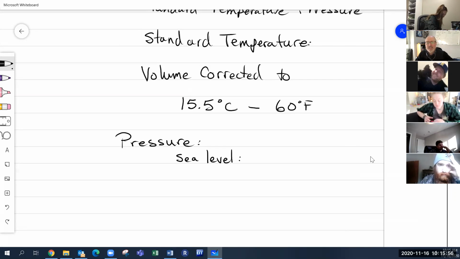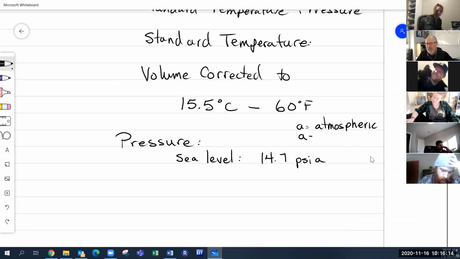The pressure at sea level is measured at 14.7 pounds per square inch atmospheric. The A stands for atmospheric, and sometimes the A stands for absolute. Two different words meaning the same thing. So that's what the A is in this.